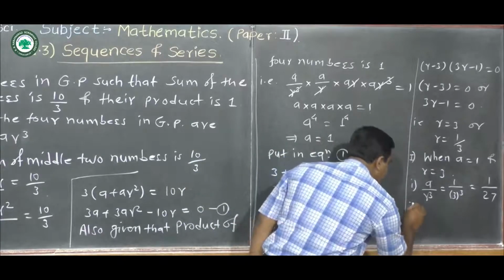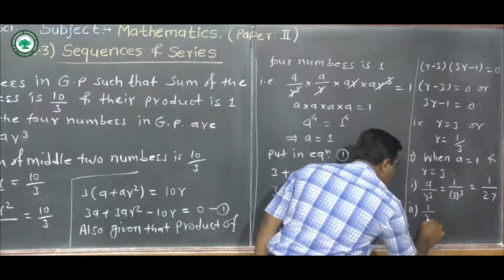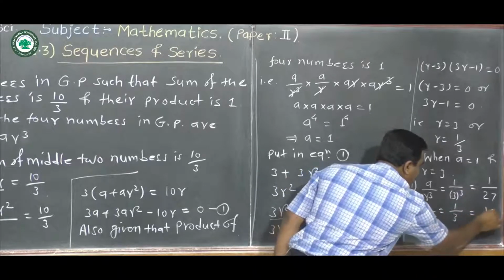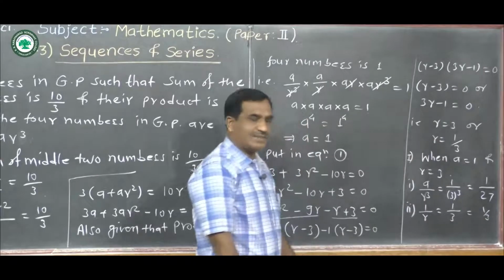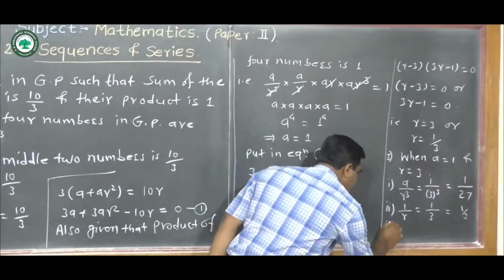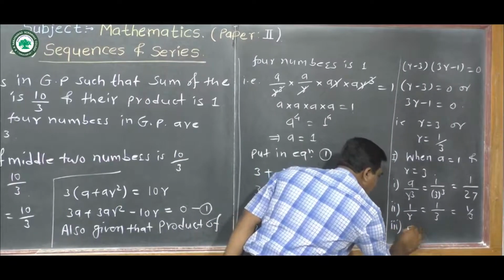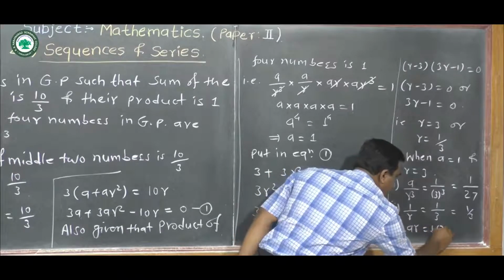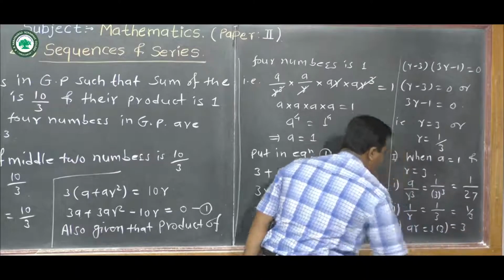Second number, 1 upon r is equal to 1 upon 3, equal to 1 by 3. The second number is 1 by 3. Third number, ar, that is a into r, means 1 into 3, is equal to 3.